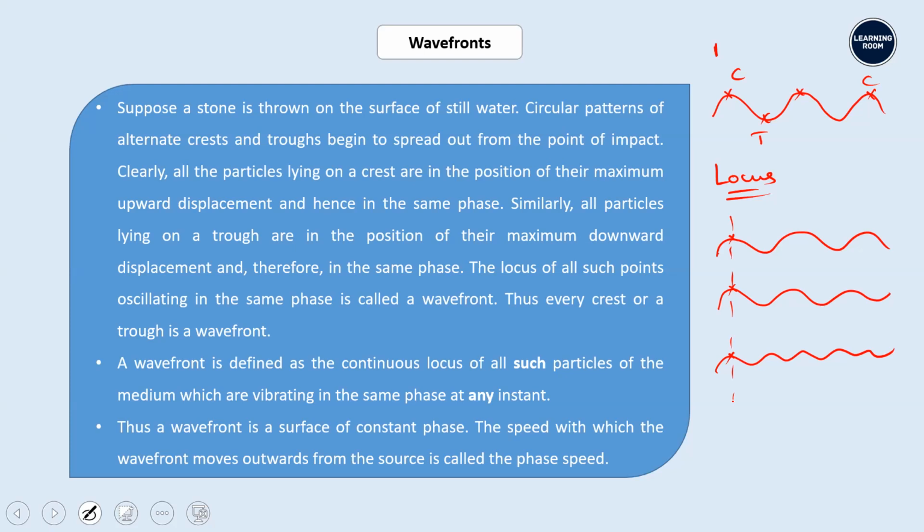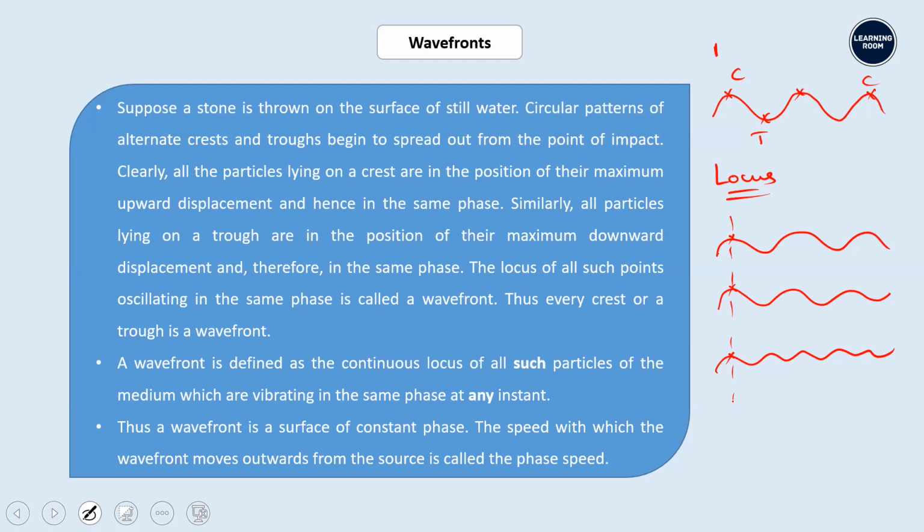Now read the statement, it will make sense. Wavefront is a surface of constant phase, means every point on it will have the same phase. Or I can say the phase difference between any two points on the surface is 0. If every particle is in the same phase, then if you take any two points and measure the difference between their phase, the answer will be 0. Is it not something similar to an equipotential surface?